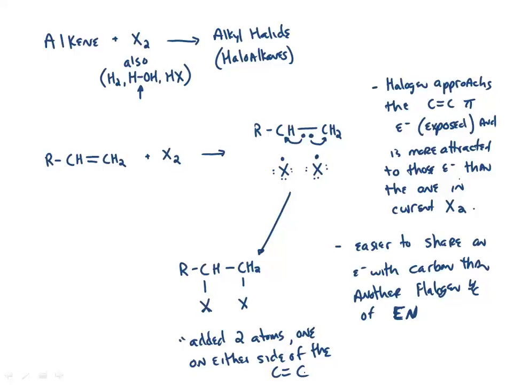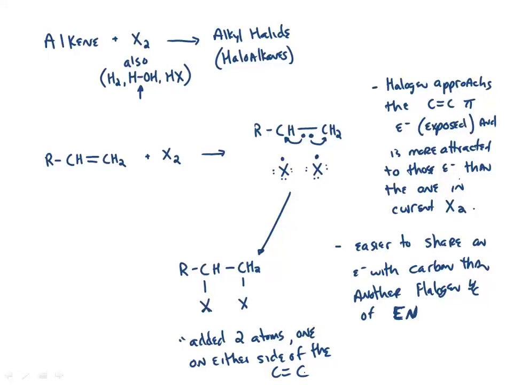So all we're really doing is adding something on either end of the carbon-carbon double bond and turning it into a carbon-carbon single bond. I guess my theory on these first sets of reactions is they're all very easy. The worst part about it is they're all very similar, so it's easy to get confused which one is which.